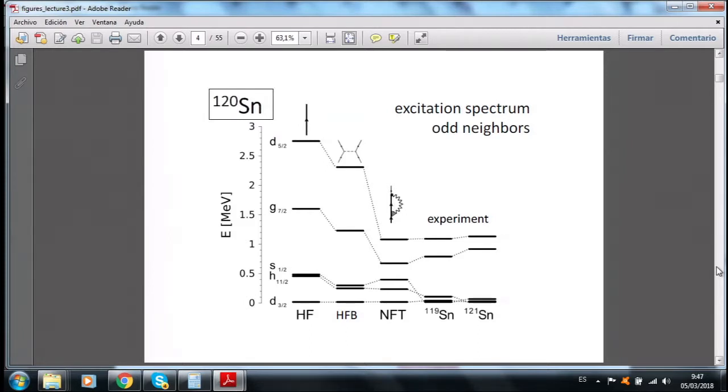And we obtain a much compressed single particle spectra. In this case it is quasi-particle spectra, which is in good agreement with experiment. But remember what I told you in the beginning today, that the level density depends on what you start from. And in this case, it's a good starting point because we are ending up close to experiment.